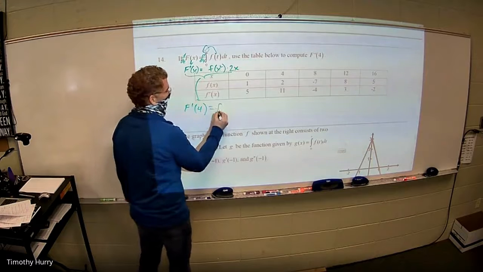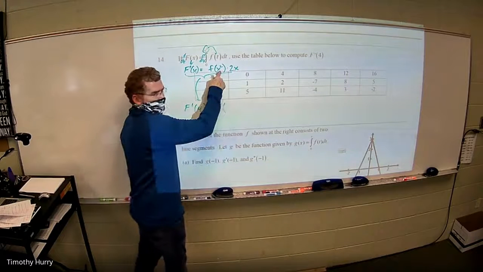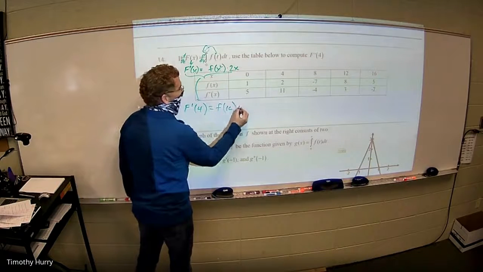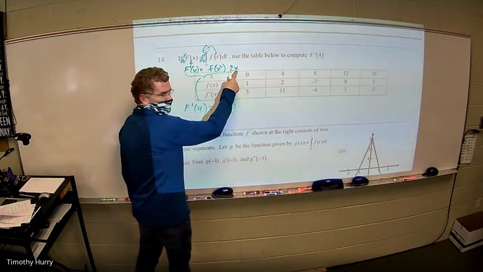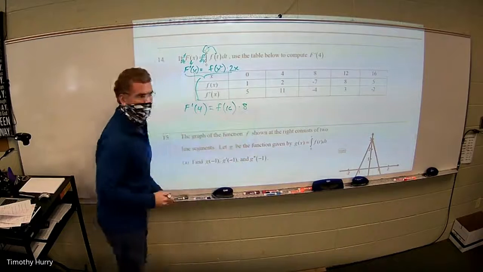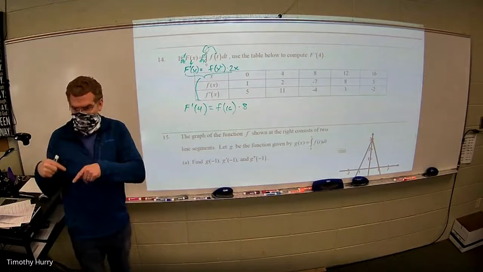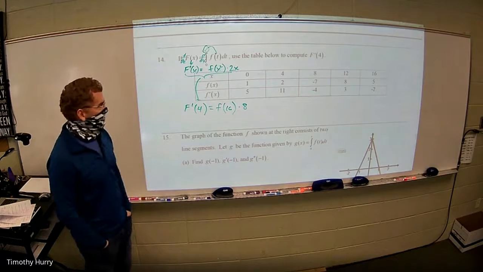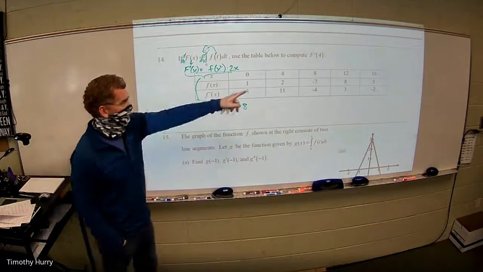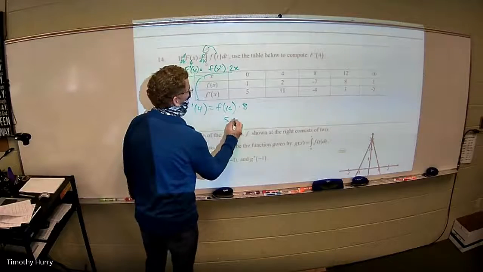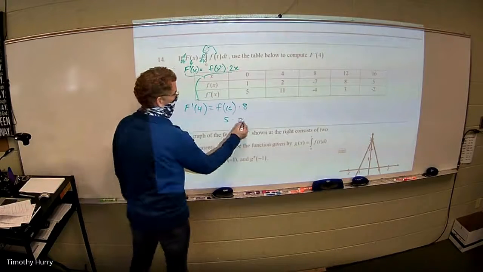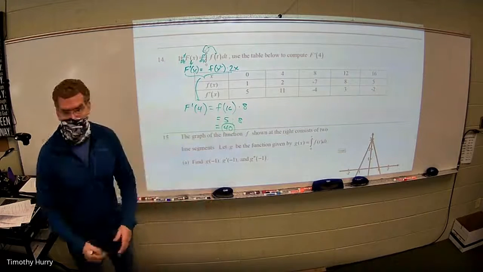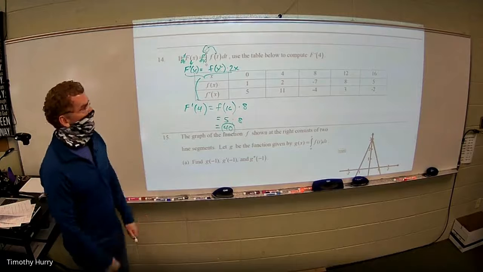I'm really finding f of x squared, which is 16, times 8. Because to find f of 4, 4 has to go in for all the x's, right? So what's f of 16? 5 times 8, 40. Such a missed question, and really not that bad if you just know your stuff.